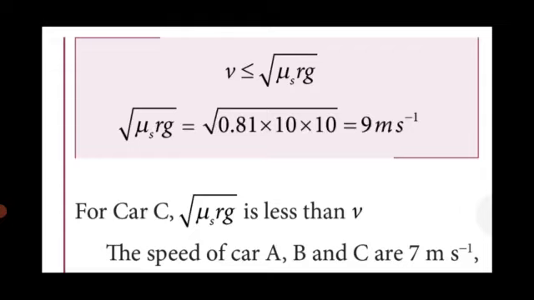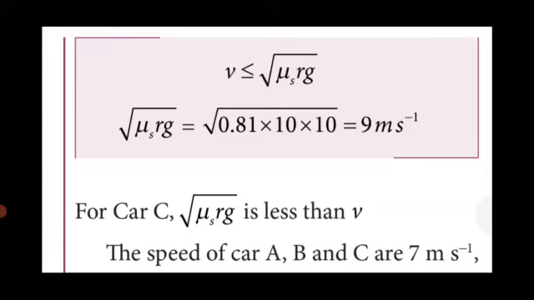Mu s is given as 0.81, r is given as 10 and g is given as 10 meter per second square. So we are substituting all the values. You will get root of 0.81 into 10, which becomes 8.1. Again multiplying with the other 10, it becomes 81. So root of 81 is 9 meter per second, which is the answer.